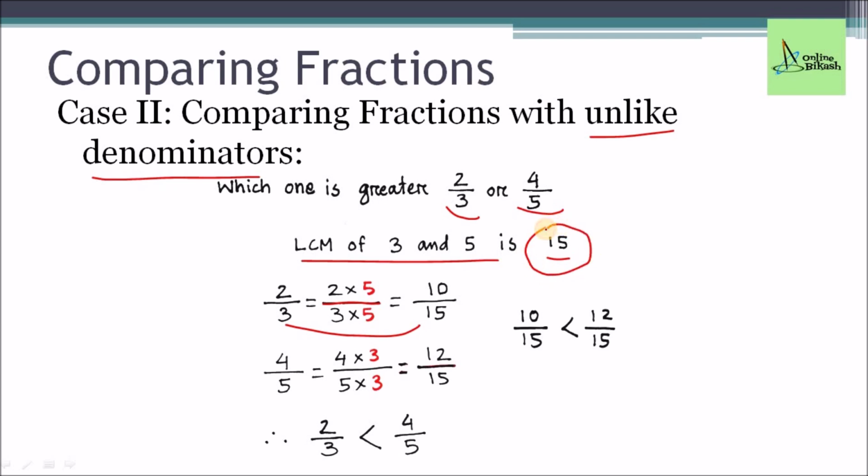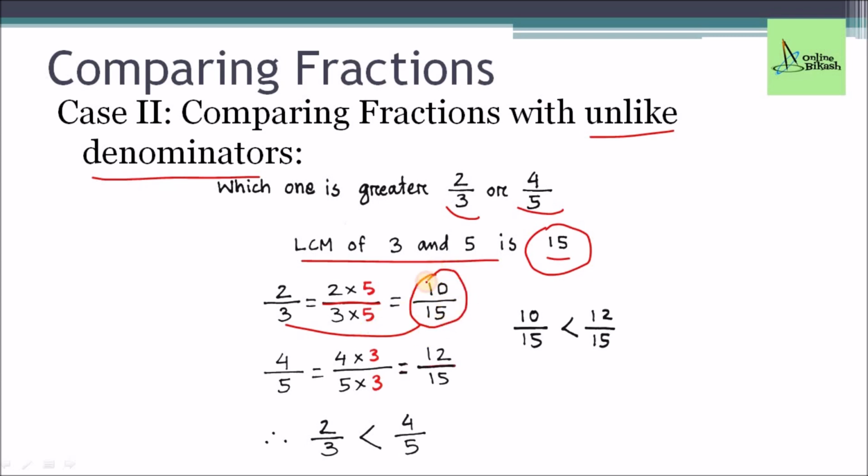And we know that if you multiply 5 with this 3, you will get 15. So 3 5s are 15. So that same number you have to multiply with the numerator 2. If you multiply with this 2, it will become 10. So 10 by 15. You see 2 by 3, and we have multiplied both the numerator and denominator by 5, and we have got 10 by 15.